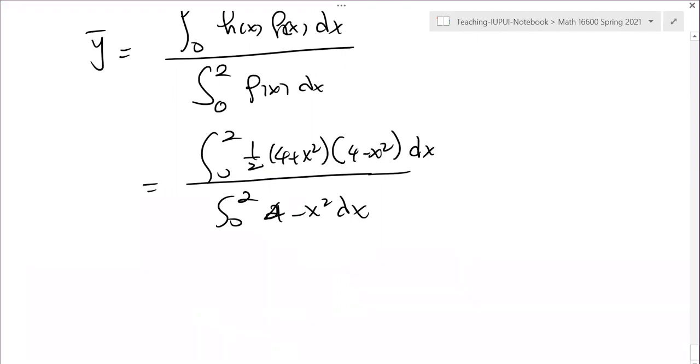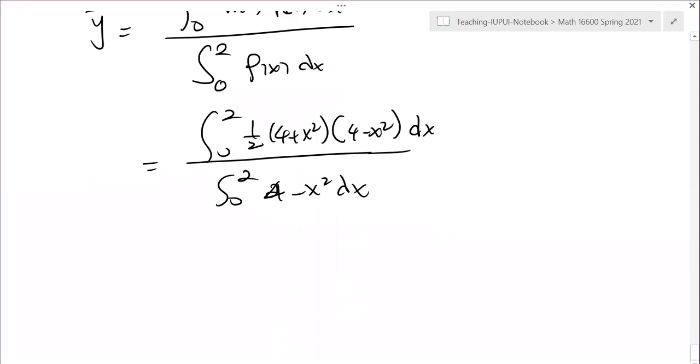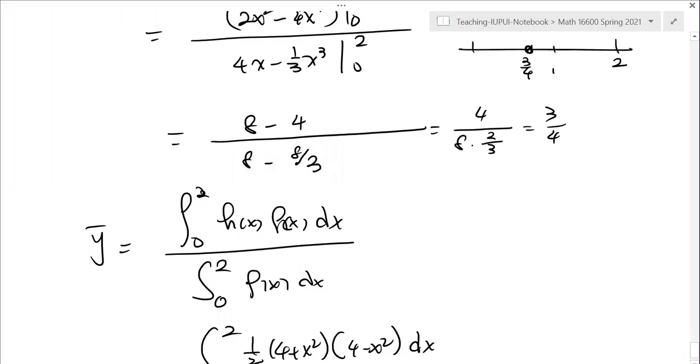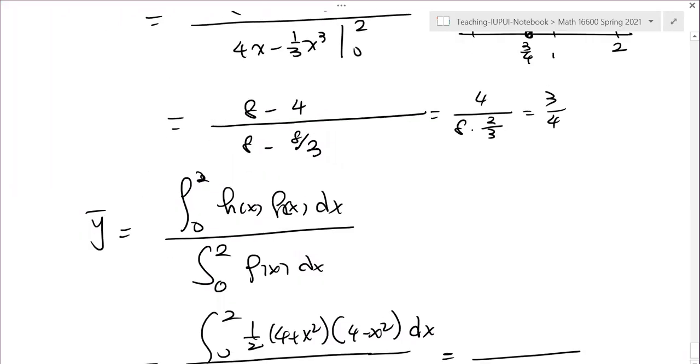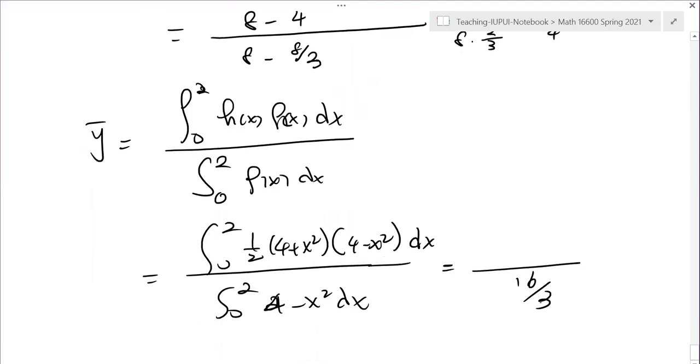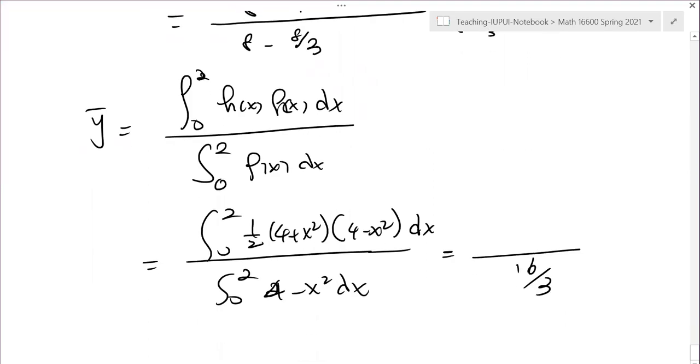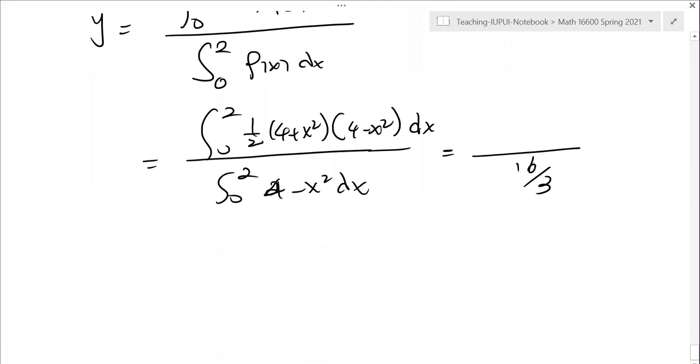So we just need to evaluate the numerator, because the denominator we already got. The denominator is going to be 16 over 3. So let me figure out the numerator. I multiply this out.